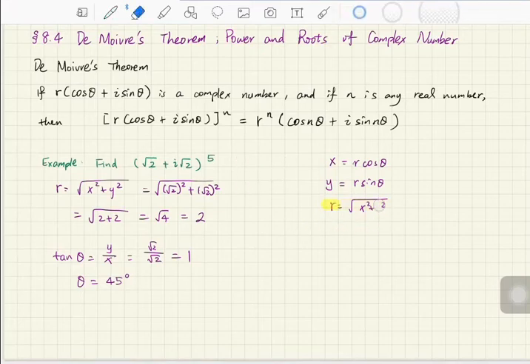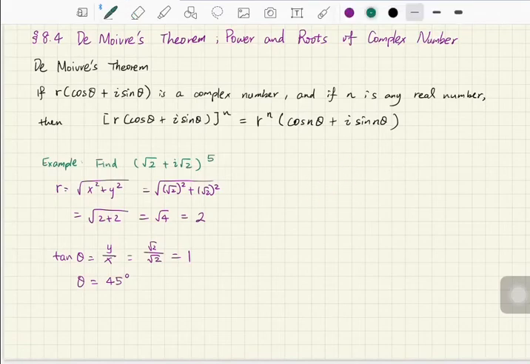Once we have it, we can rewrite the complex number square root of 2 plus i square root of 2 into the polar form, which is r times cosine of theta plus i sine of theta. So 2 cosine of 45 plus i sine of 45.